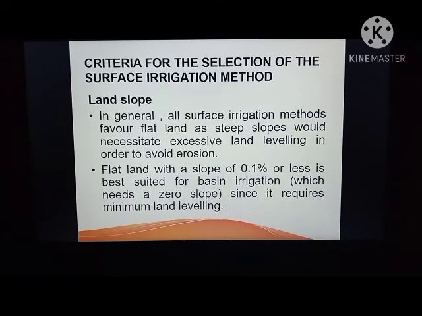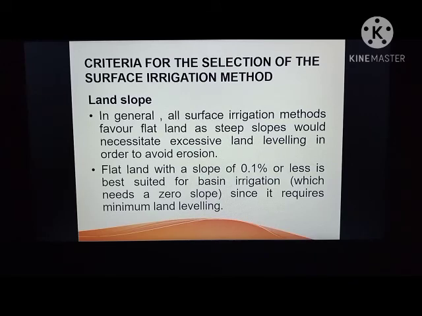Land slope. All surface irrigation methods favor flat land, as steep slopes would necessitate excessive land leveling in order to avoid erosion.